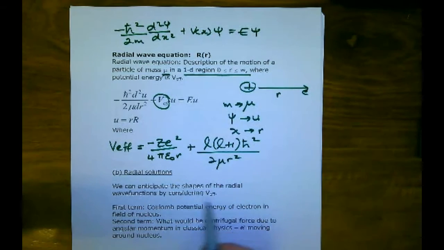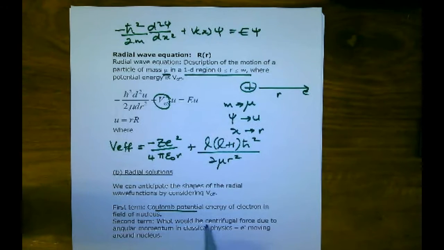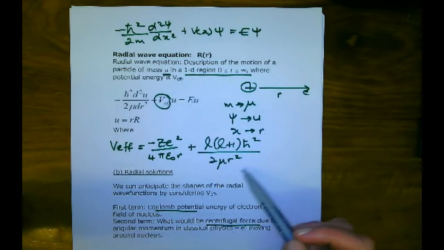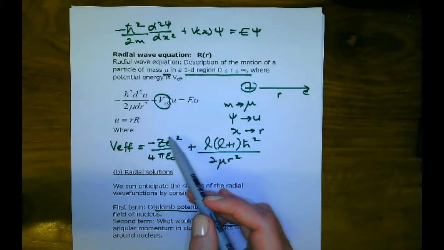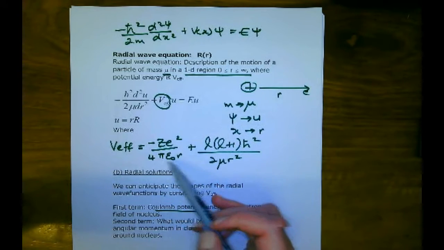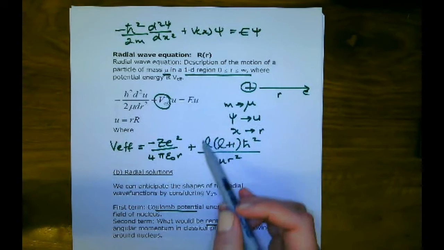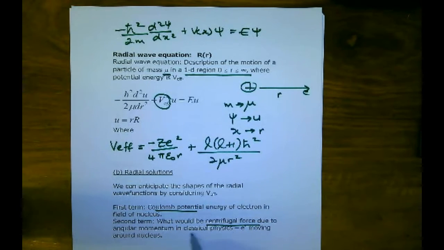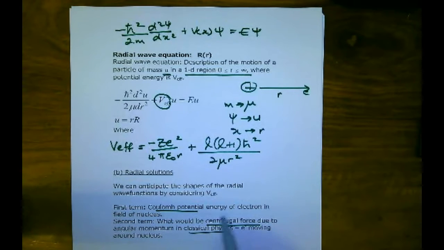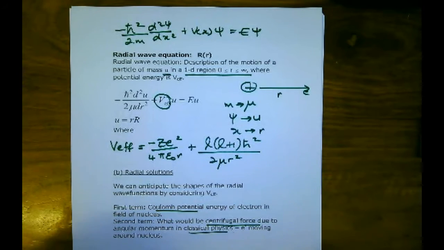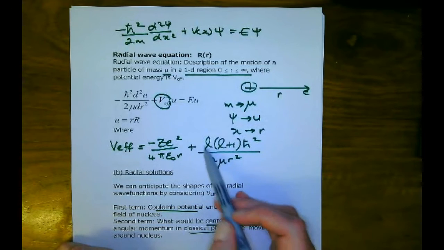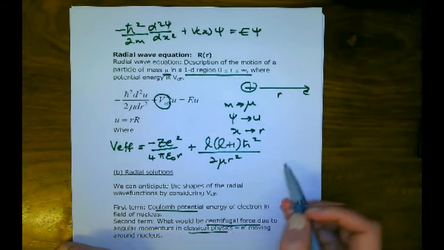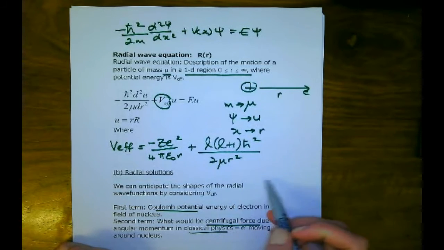So this first one refers to the Coulomb potential, and the second one refers to centrifugal force, which is very important, because if you just add that, the electron would just collapse onto the nucleus, and we know that doesn't happen. This ensures that the electron stays in an orbit surrounding the nucleus. So our classical physics equivalent is the centrifugal force of the electron moving around the nucleus. Given by this, we see the quantum number L. And L has to do with what? Angular momentum, something moving in an orbit. So that makes sense.